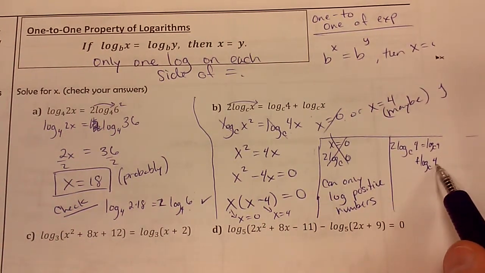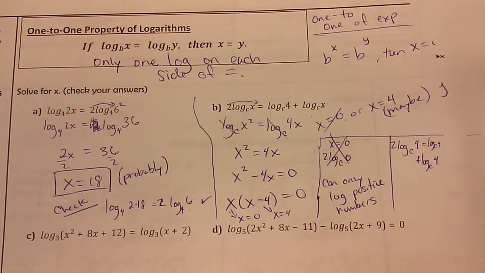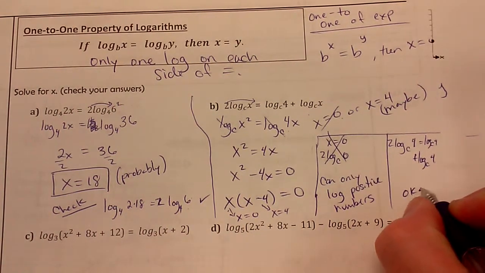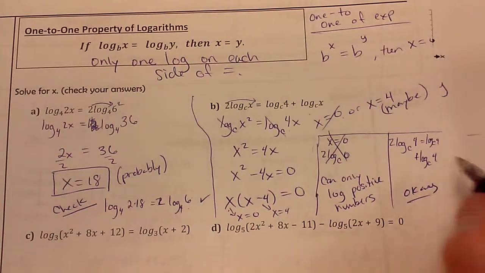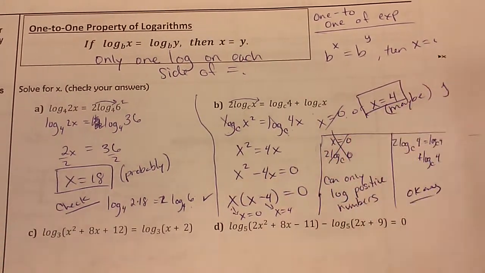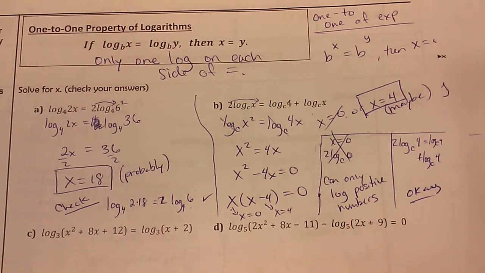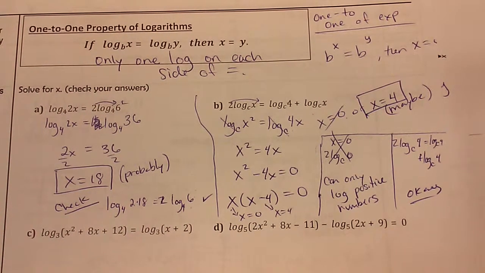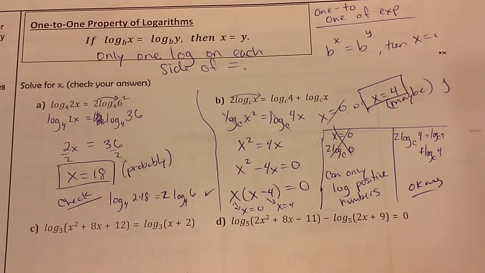Since I'm taking the log of positive numbers, this one seems to work out just fine. So my only answer here is x equals 4. This is another one of those examples when we get false positives. It's shown up in a couple different situations with absolute value, now with logarithms. So it's important that we check our answers.